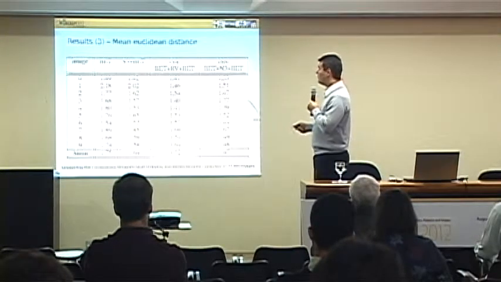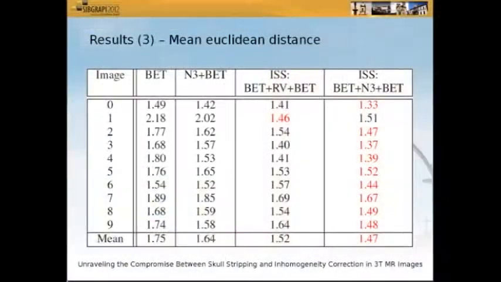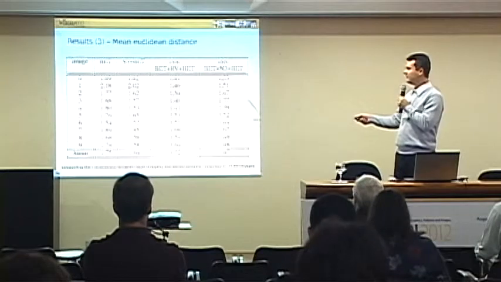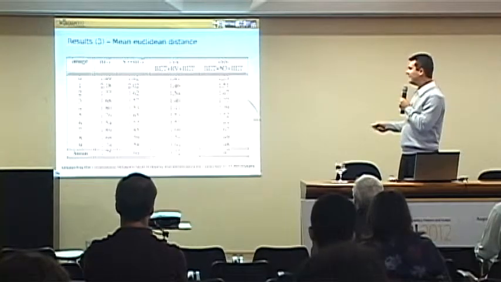Here we also used another metric, Euclidean distance between the ground truth mask and the segmentation masks, the distance between the boundaries, and we had the same result.